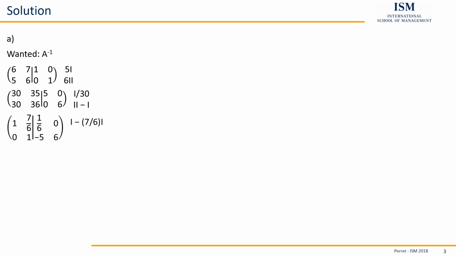Meaning we get here as a result not only on the left an upper right triangular matrix, we also already have on the diagonal only ones. And this is pretty neat because then we only need to get rid of the 7, 6. And this we can do by subtracting from the first row 7, 6 times the second row.